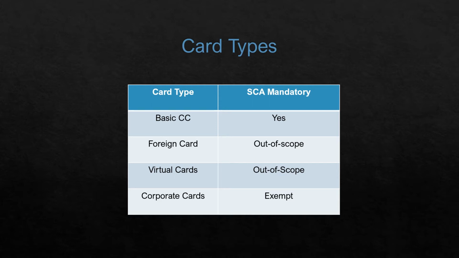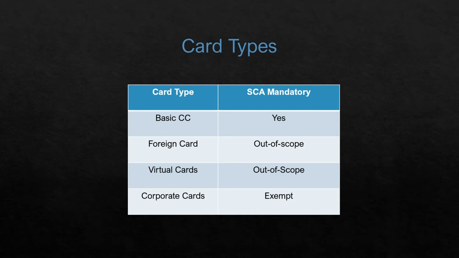You will definitely start seeing declines if any one of the layers is not 3DS enabled. It can be an issue from the card holder side, if the card is not 3DS enabled, or from the merchant side if they have not implemented 3DS, or from the issuer.